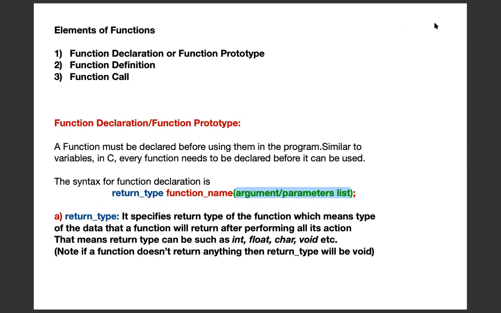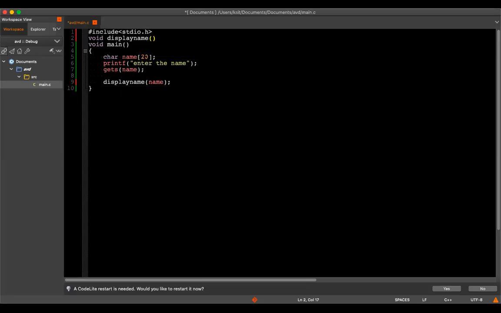So which arguments are you going to take and act on? That is what you need to specify. When I come to this program, I know that this program was written to display the name. So where is your name actually? It is there in a variable. Which variable? The array variable name. So what are you passing to the function? An array. An array cannot be stored in some other variable.